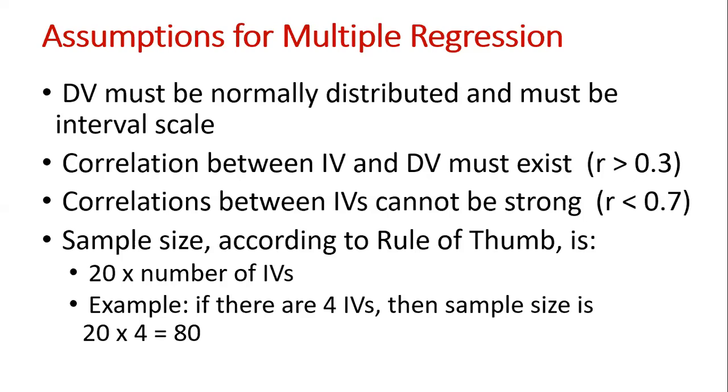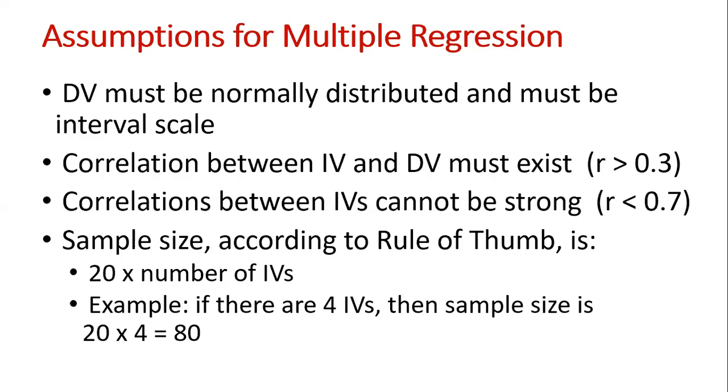Second, you look at the correlation matrix for the relationship between the IV and DV. The IV that you put in the model must be related to the DV. It cannot be no relation. The relationship must be moderate: the correlation coefficient R must be greater than 0.3 but less than 0.7. Why?